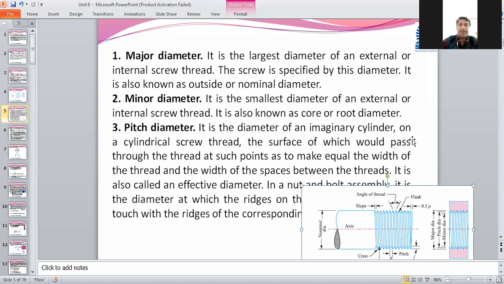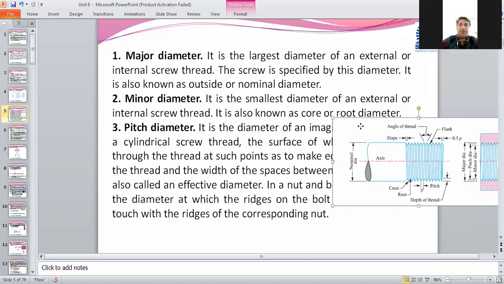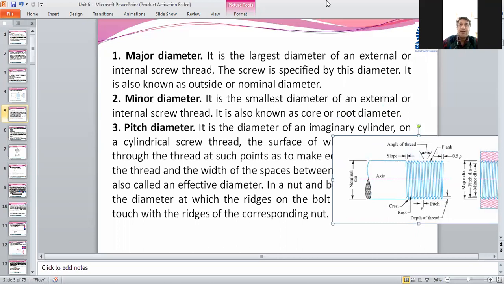If the term core or root is used for this minor diameter, then one should understand that it means the minimum diameter which is measured at the root of that particular thread. Here also it is an internal diameter which is measured at the crest of the internal threads. That is for the nut and this is for the bolt. So these two terms are also used for the minor diameter.